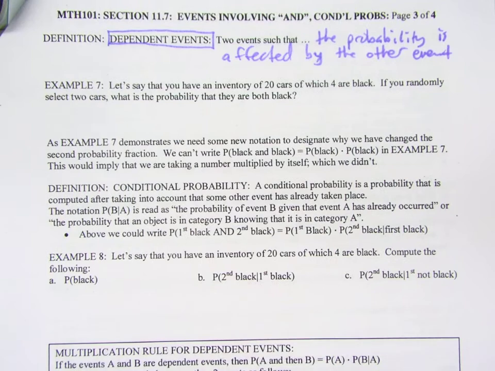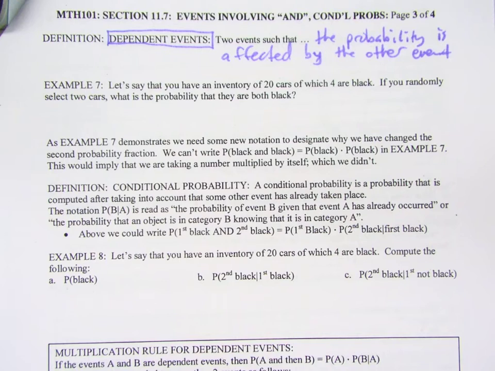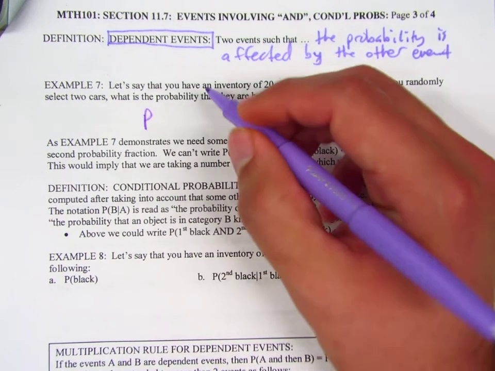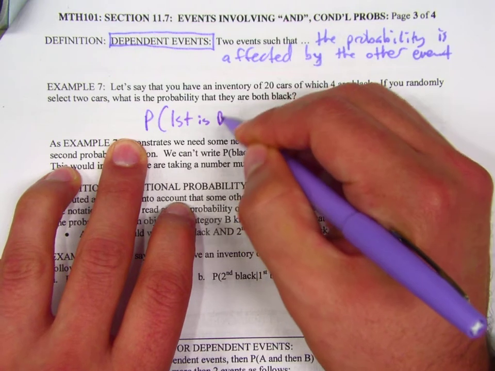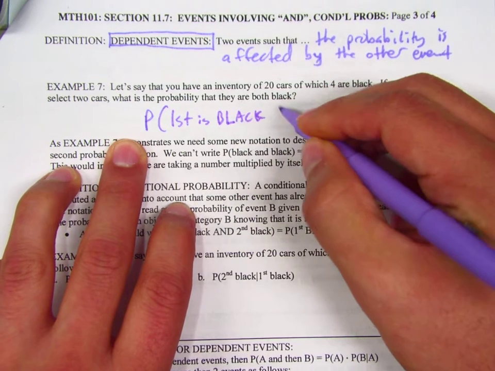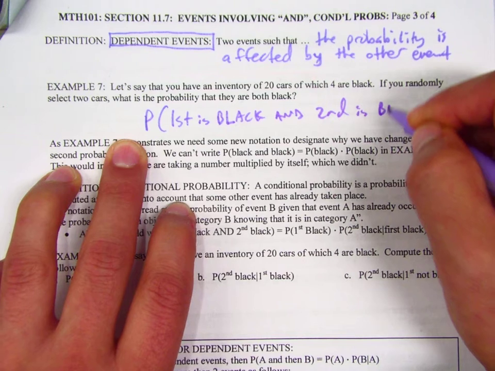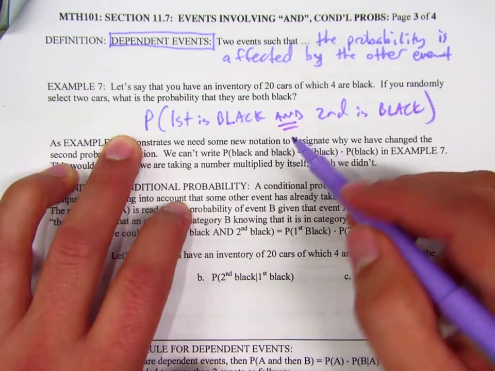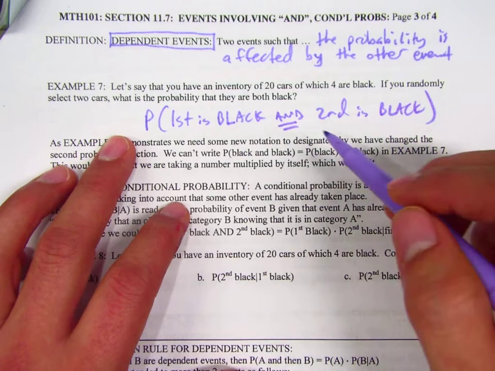Again, 20 cars, 4 are black, 16 are something else. If I randomly select 2 cars, what is the probability that they are both black? This is the same as the probability that the first car is black and the second car is black. We have the word and connecting these two events. So what are we going to do?